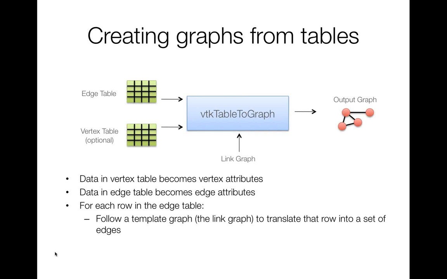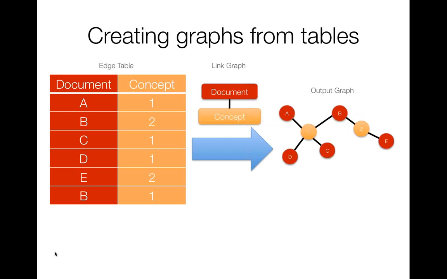Since to define the graph you really need the topology and link structure, the edge table is required. With the vertex table, you don't have to add additional data to each vertex if you don't want to. And it takes this idea of a link graph to tell it how to transition the edge table into an output graph. So the next few slides will explain that a little better.